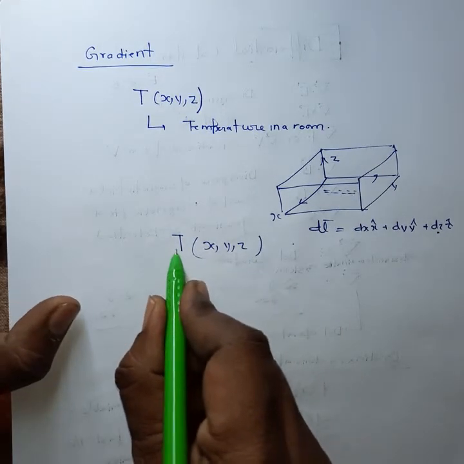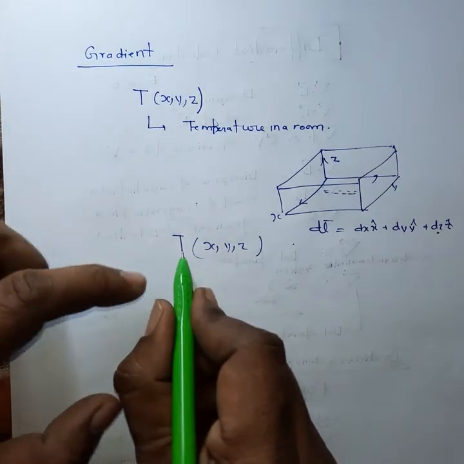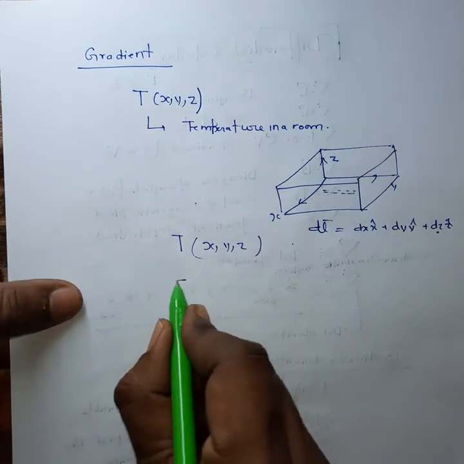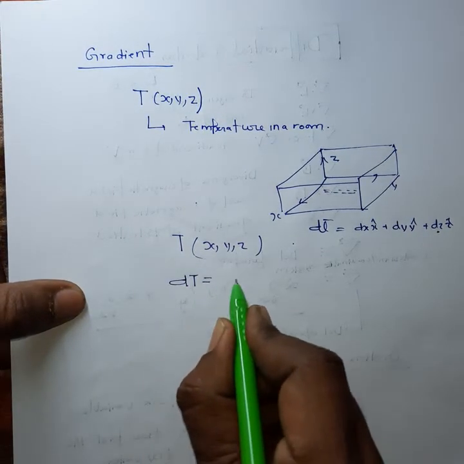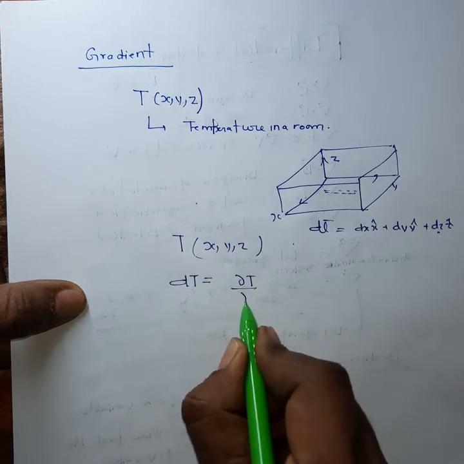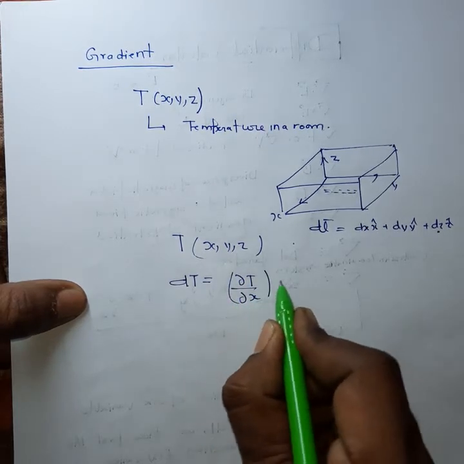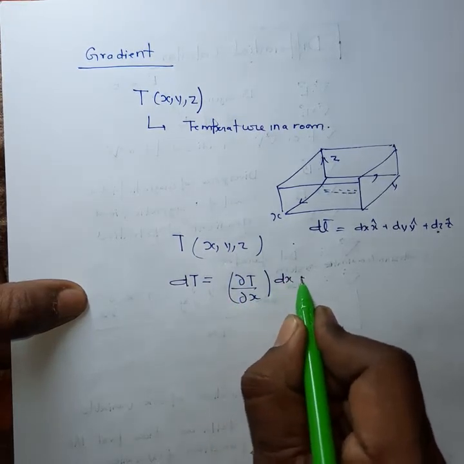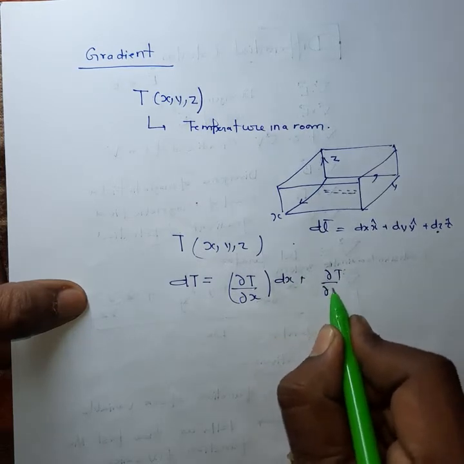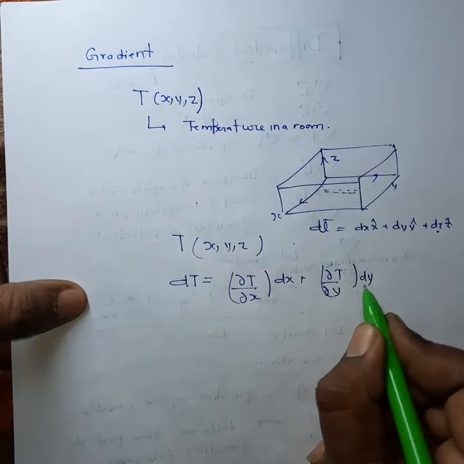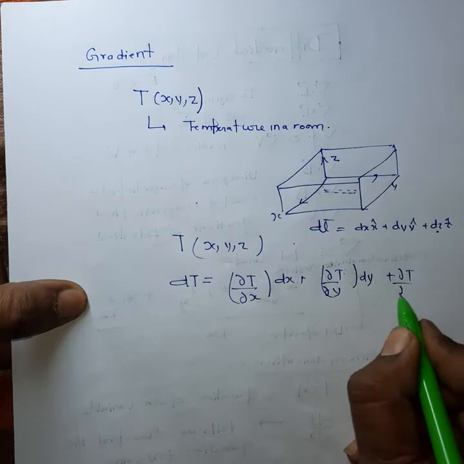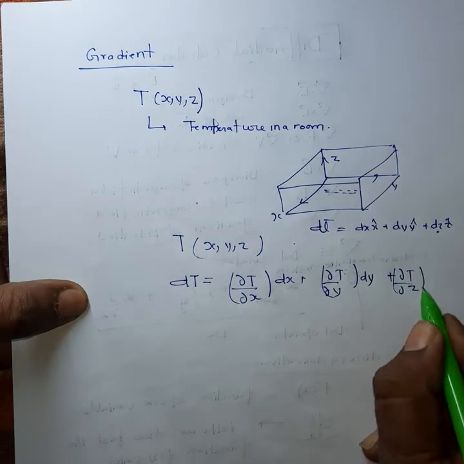Then the change in temperature T is defined as dT equals del T by del x dx, plus del T by del y dy, plus del T by del z dz.